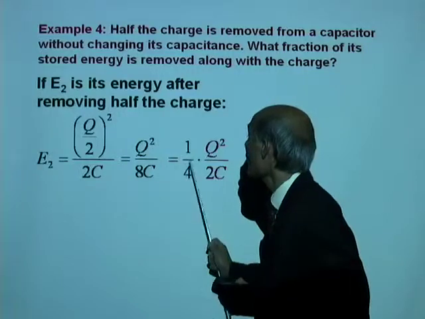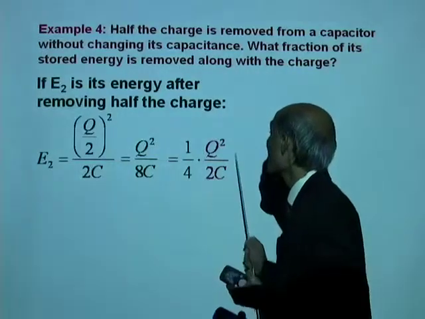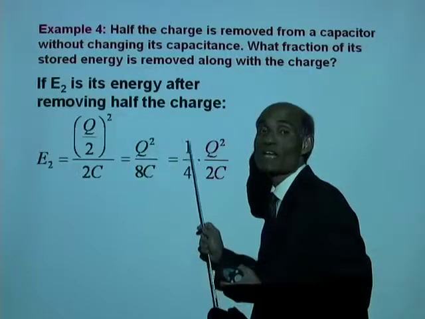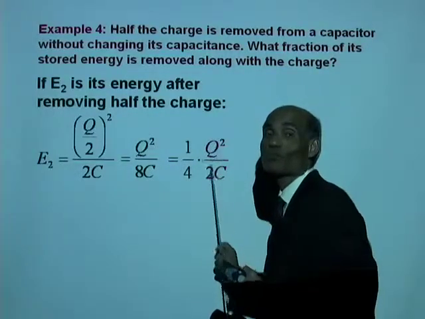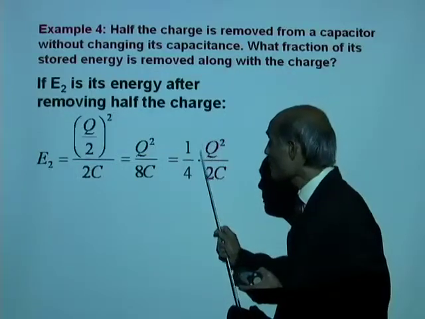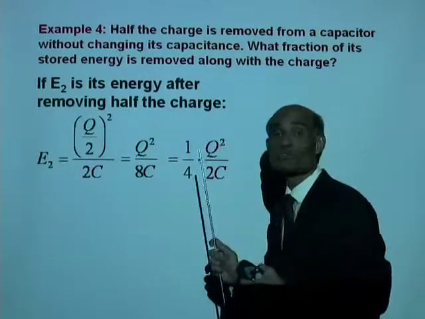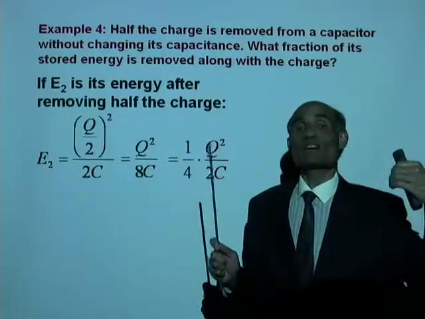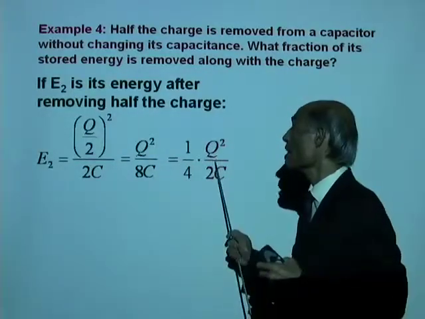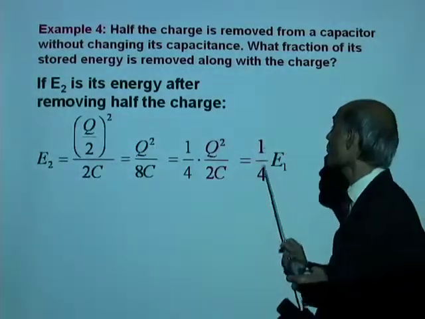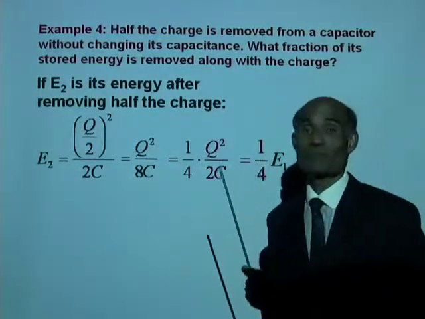Q squared over 8C is 1/4 of Q squared over 2C. Why did I write it like that? Because Q squared over 2C is the original energy before the charge is removed, which is E1. And so, E2 equal to 1/4 of E1.